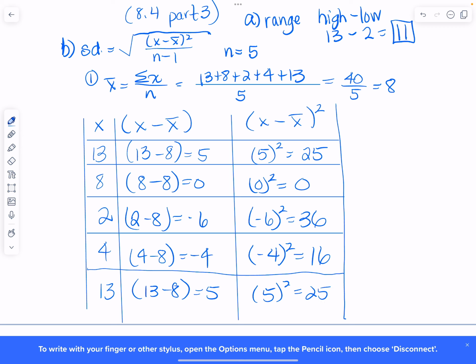Okay, so second thing, we made a chart. We're done with that. The third thing is now find standard deviation. So remember, the formula says that I have to sum all the x minus x bars together, because that's what the numerator of the standard deviation formula says.